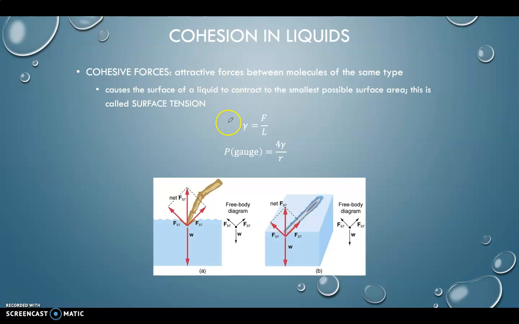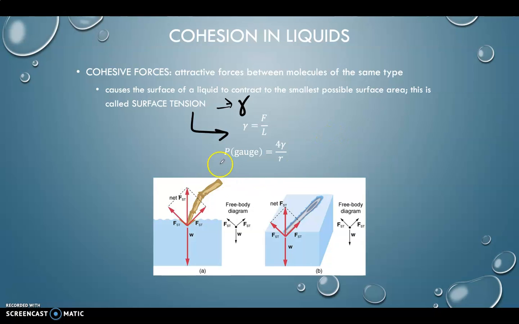Surface tension can actually be calculated through this equation here. This symbol here is a gamma, and that's what surface tension is, and that equals some force over a length.